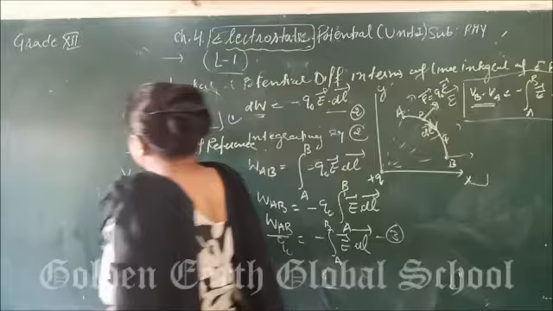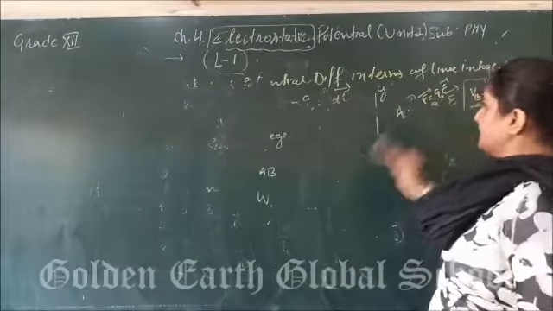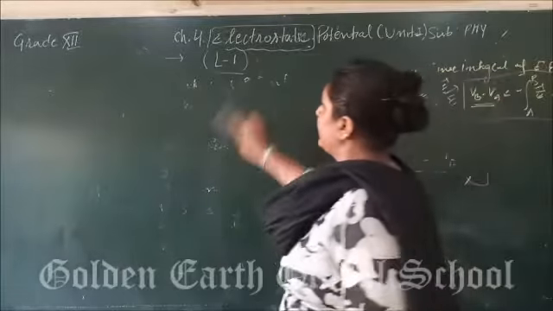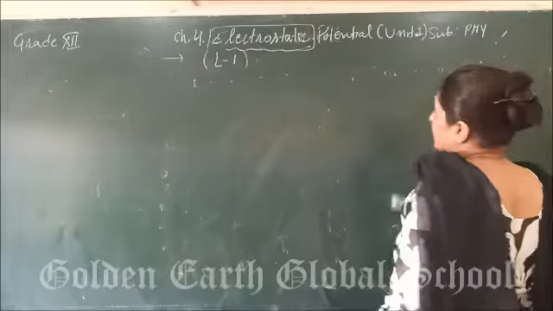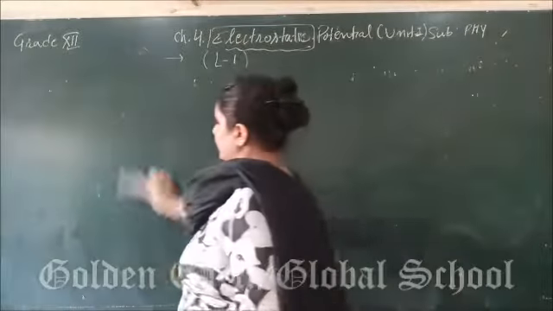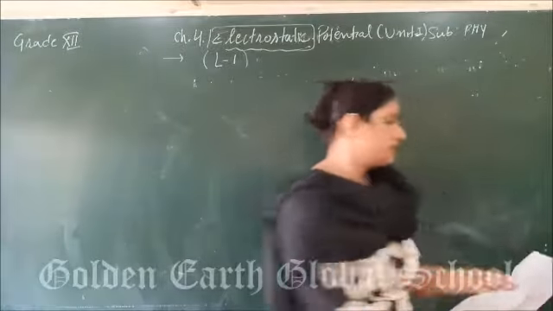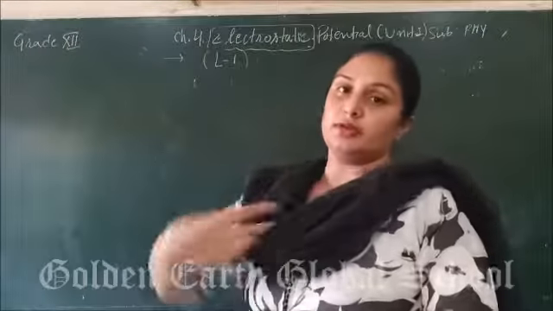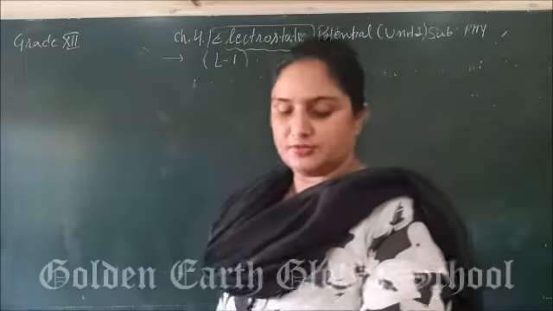Now next we have to calculate the expressions for the electrostatic potential and potential difference. Next is the expression for the electrostatic potential and potential difference. Or you can say that you are going to calculate the potential due to point charge.